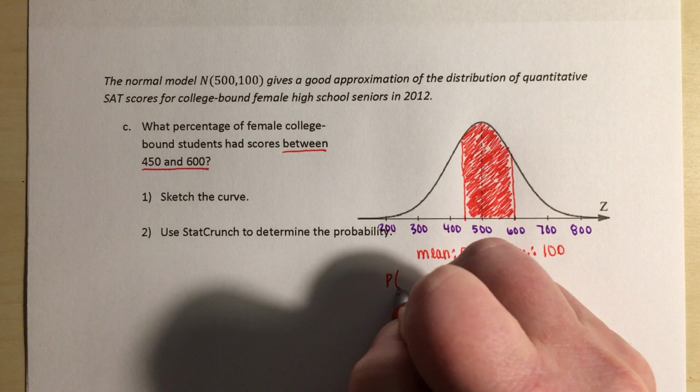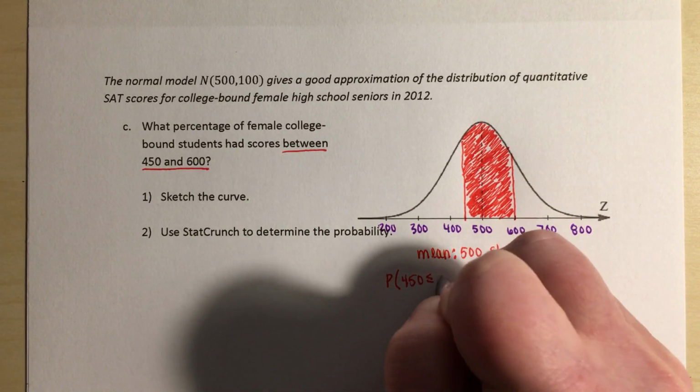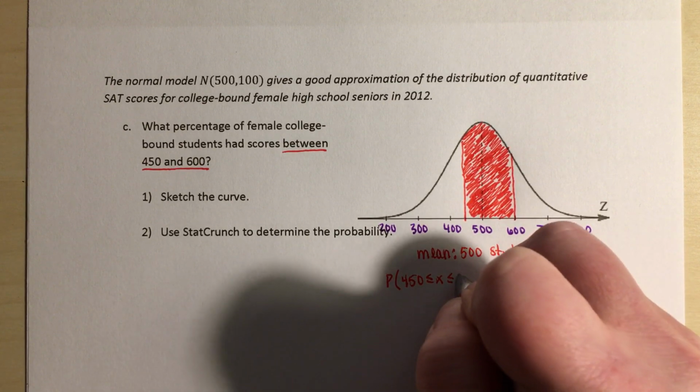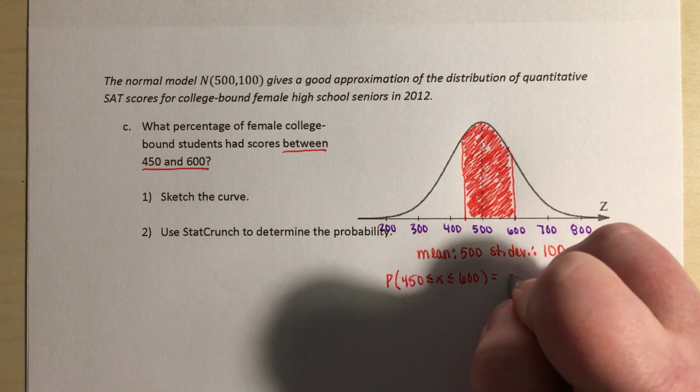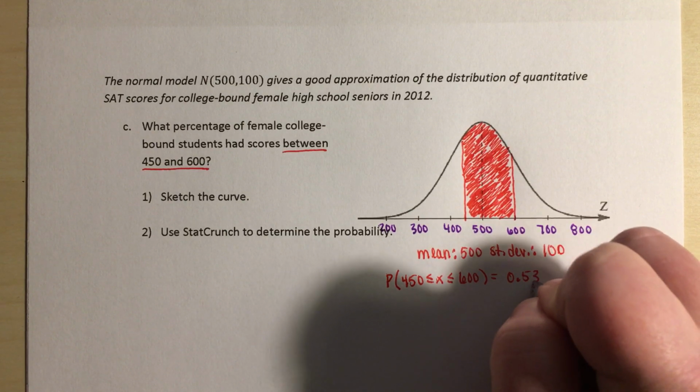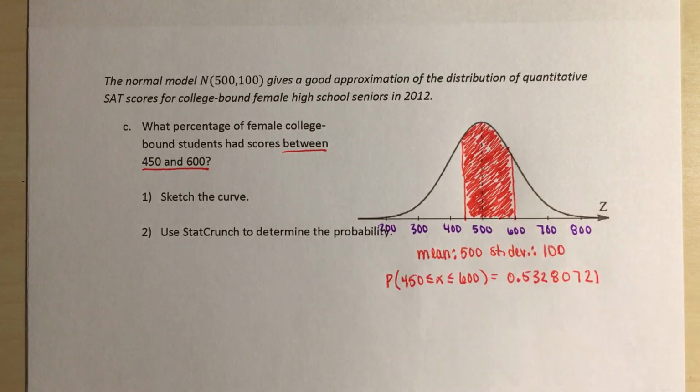Now we're looking for the probability that 450 is less than or equal to X, less than or equal to 600. After we compute, we get 0.53280721.